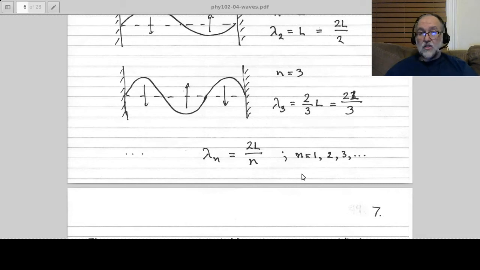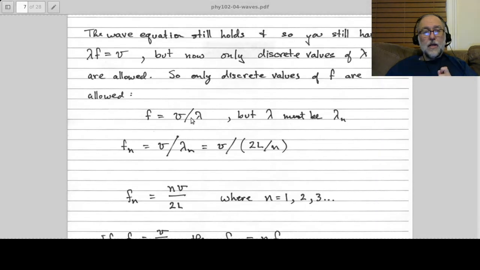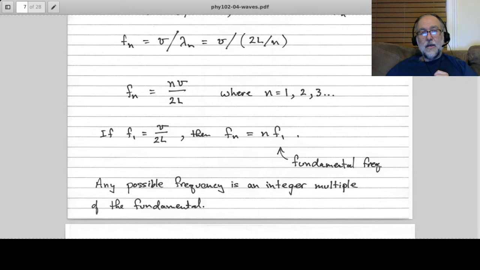And so if the lambdas are discrete and the velocity doesn't change, the corresponding frequencies must be discrete as well. So over here, this equation still works: lambda f is equal to v, but now I wrote it as f is equal to v over lambda, just dividing both sides by lambda. And we can't have any old lambda, we must have one of those lambda n's. So fn, one of the discrete frequencies, equals v divided by lambda n, and lambda n we just determined was 2L divided by n, and so we get this formula for our frequencies.